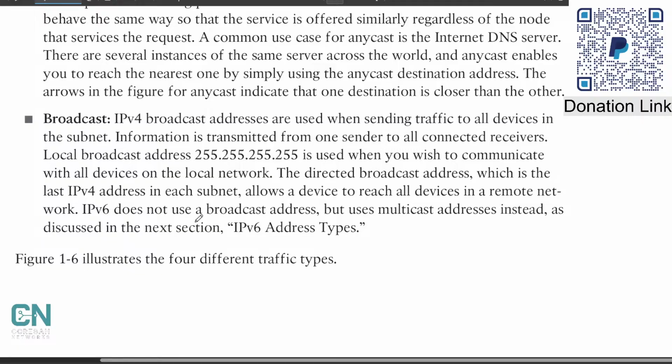IP version 4 broadcast addresses are used when sending traffic to all devices in the subnet. Information is transmitted from one sender to all connected receivers. The local broadcast address 255.255.255.255 is used when you wish to communicate with all devices on the local network. Be careful, it says local network.